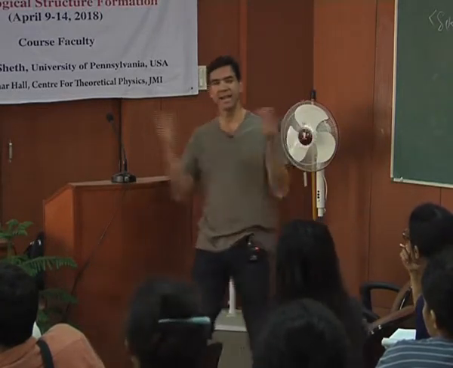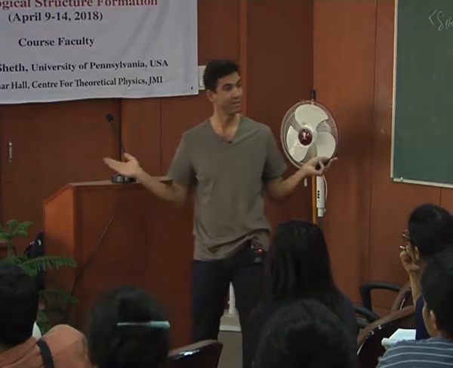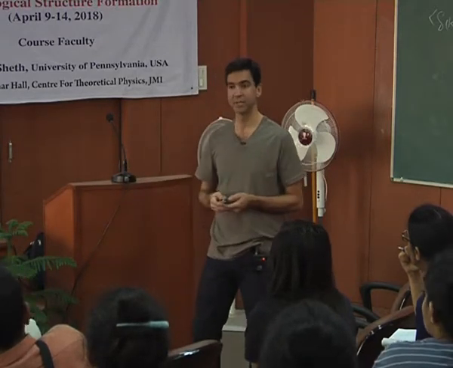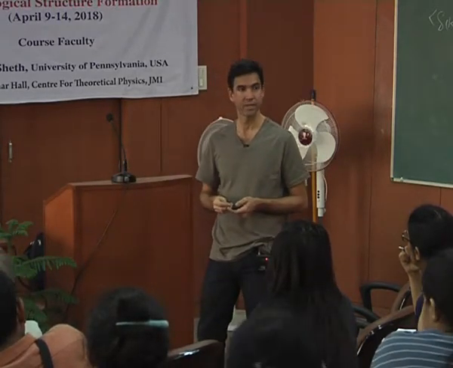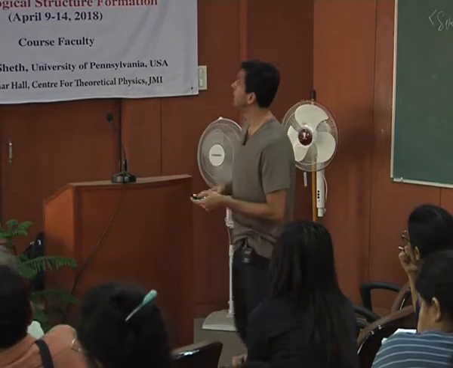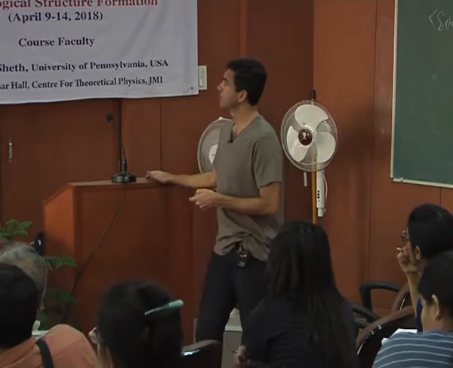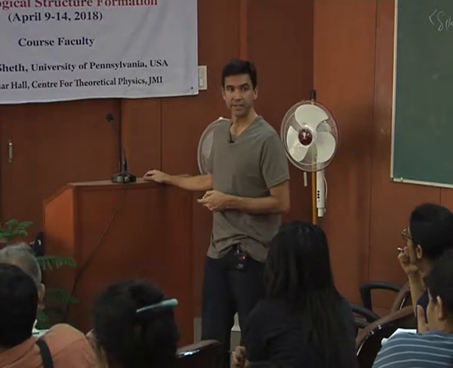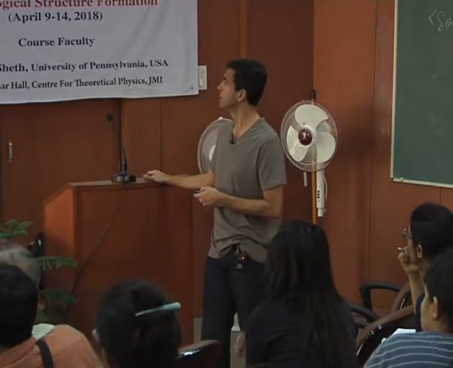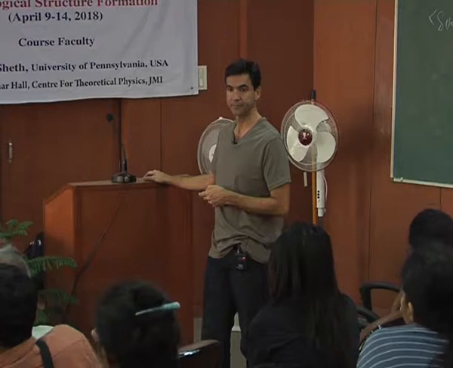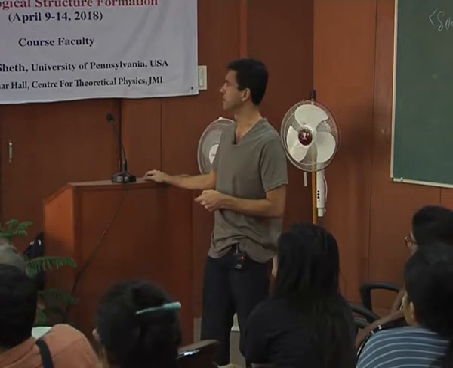So as a rough estimate of speed, we'll take 1,000 kilometers per second, just to get a scale. If you are moving 1,000 kilometers per second for 10 billion years, roughly the age of the universe, then you will move 10 megaparsecs. That's why I've chosen these numbers. These are easy to remember.